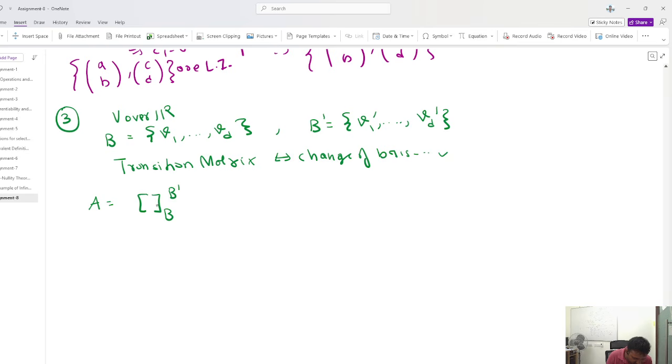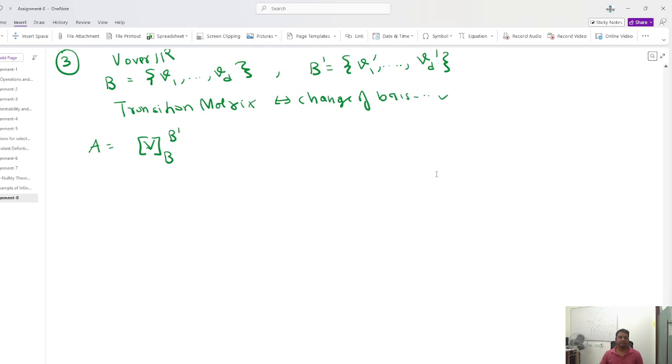So this is the notation I like, whatever you want to write here, V maybe, because it's of the vector space V. Then we have to show some things. A is invertible, the transition matrix from B prime to B will be given by A inverse, and then you have some third basis, something happening, okay? So let us see what we can do.